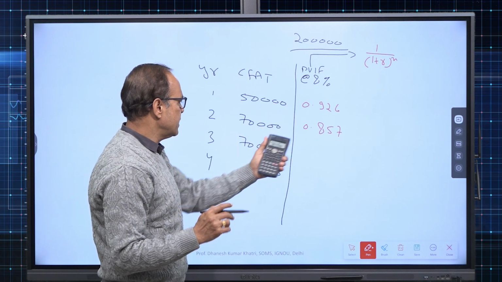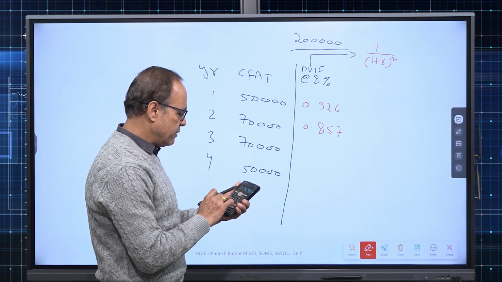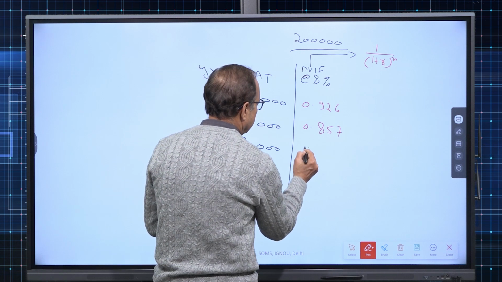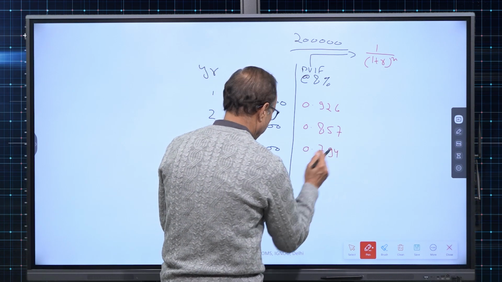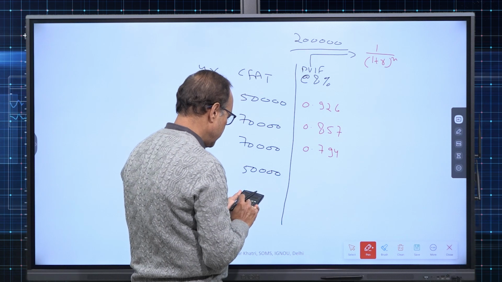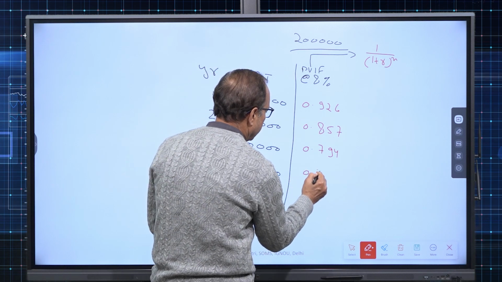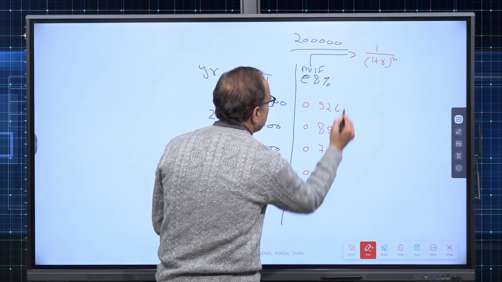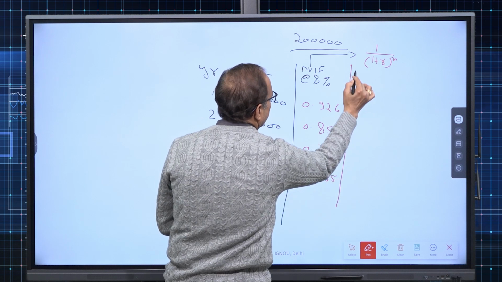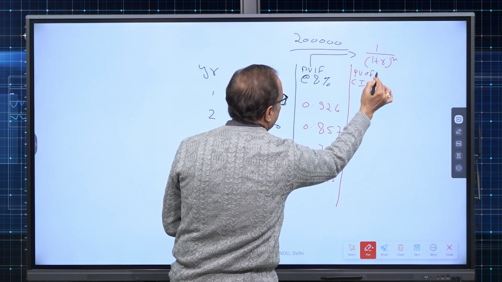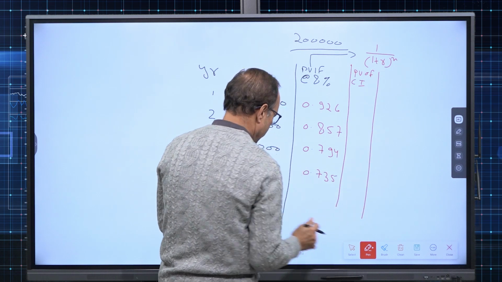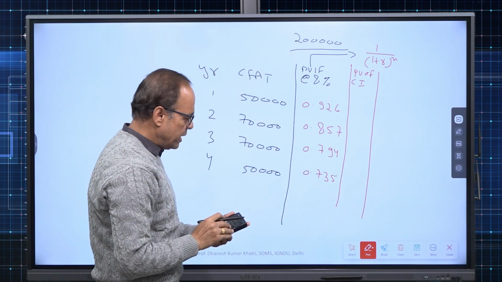First year factor, second year factor, and then we will have third year factor 0.794, and then fourth year factor 0.735, and we will get PV of cash inflow at 8%.